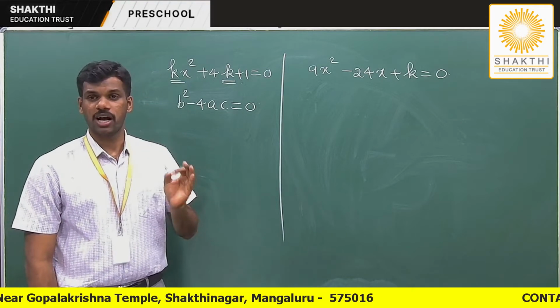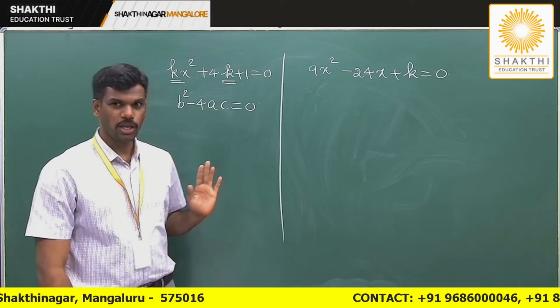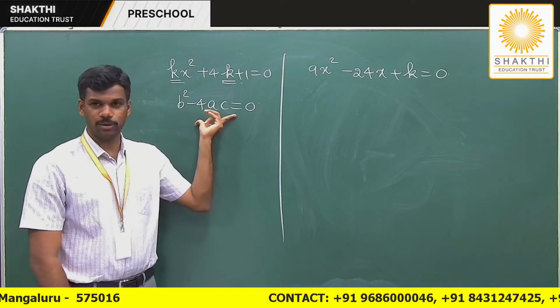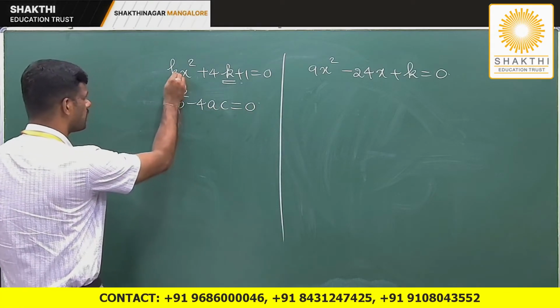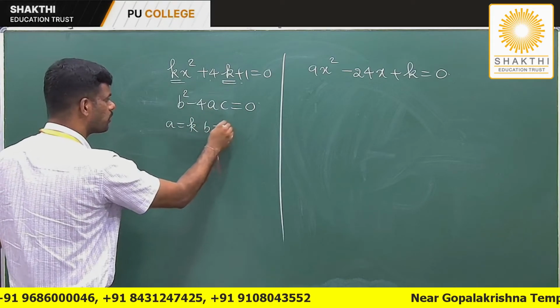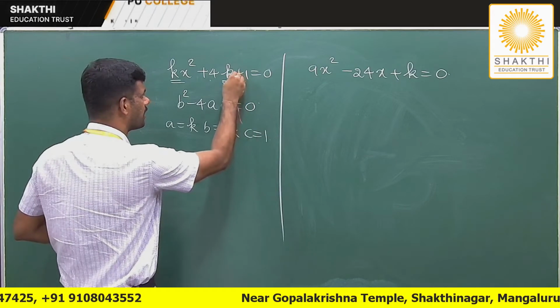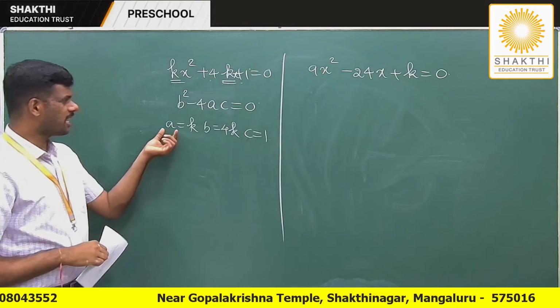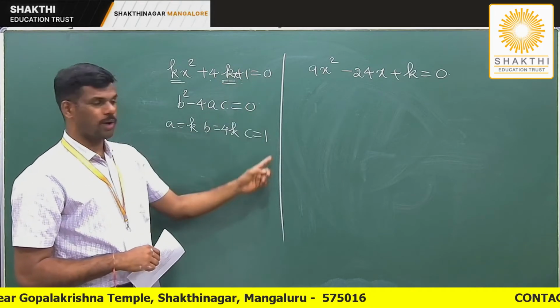If the roots are real and equal, find the value of k is the question. You already know if the roots are real and equal, b square minus 4ac is equal to 0. Let's substitute. Here a is equal to k, b is equal to 4k and c is equal to 1.